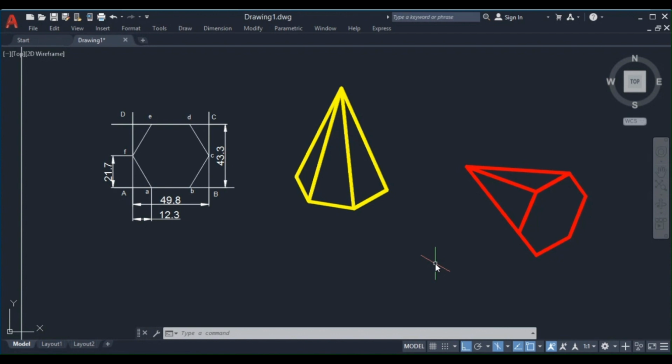Next I'm going to the other problem. Or you solve this problem also.